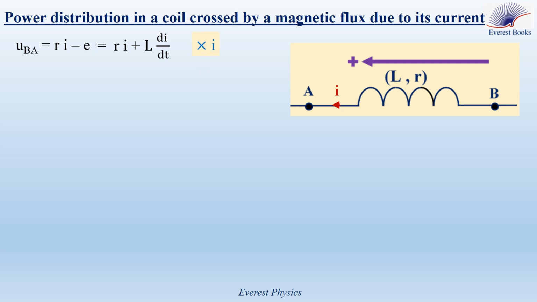Multiplying both sides by i, this is going to be i times UBA is equal to Ri squared plus Li di by dt.